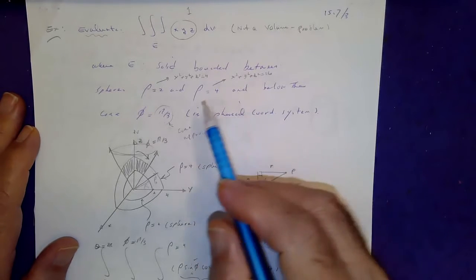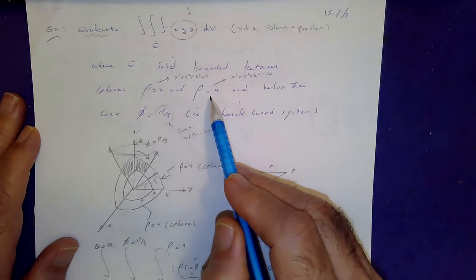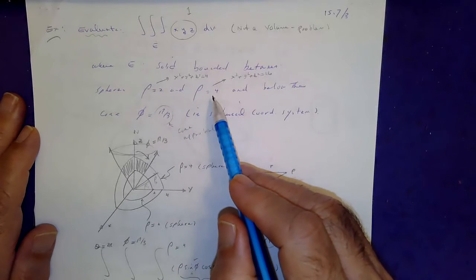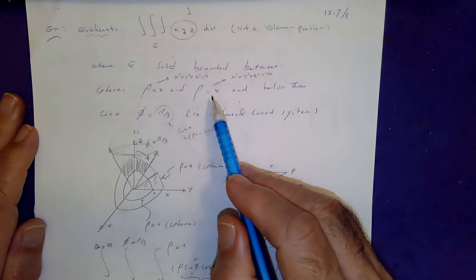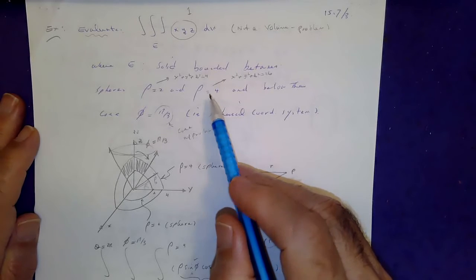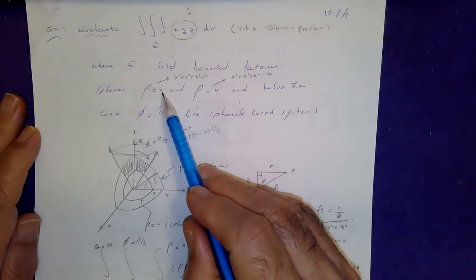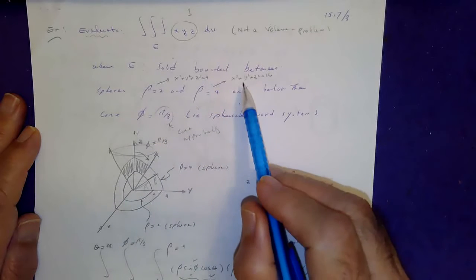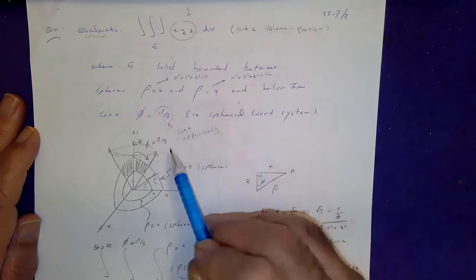However, the solid is bounded between two spheres. Remember, when rho is constant, those are the equations of spheres. In Cartesian coordinates, it is x squared plus y squared plus z squared equals 2 squared, which is 4, and x squared plus y squared plus z squared equals 4 squared, which is 16.